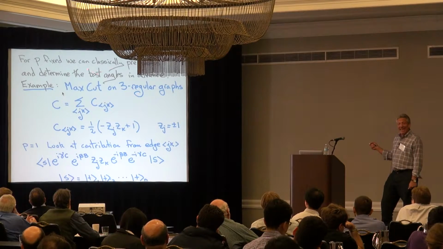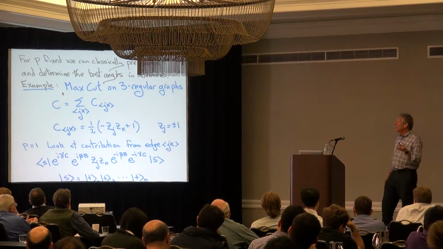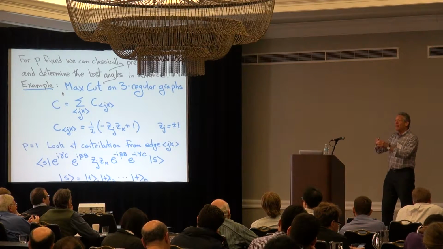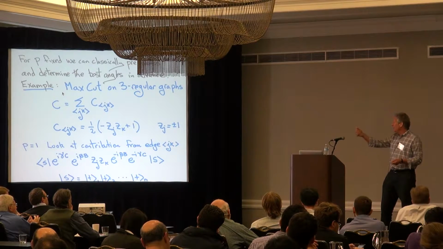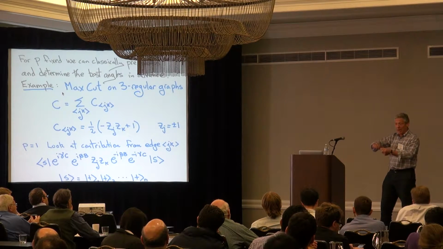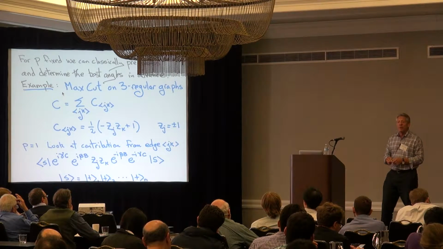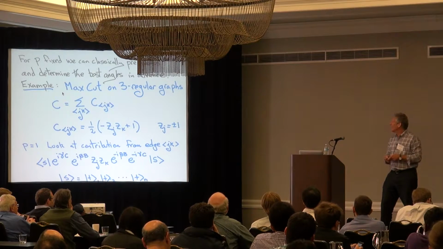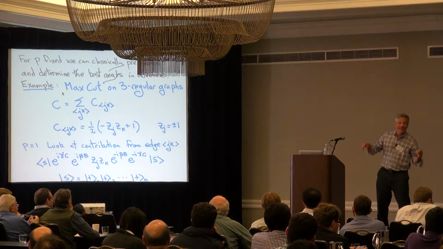Now, in this case, the cost function, max cut, if you remember, is really the problem where you have a graph, and on each vertex you have a spin, which is plus or minus 1. And what you want to do is maximize the number of edges that disagree. So max cut is like an anti-ferromagnet, if you're thinking of the ground state, but I don't want to think of the ground state.